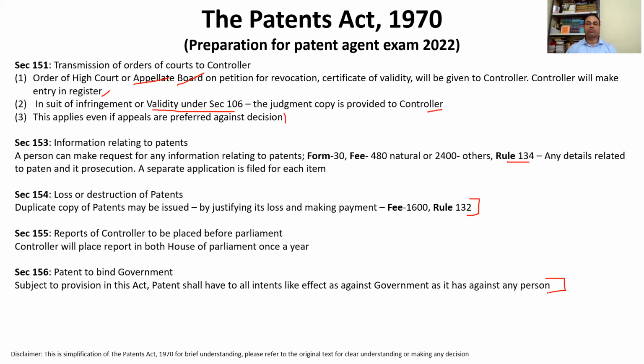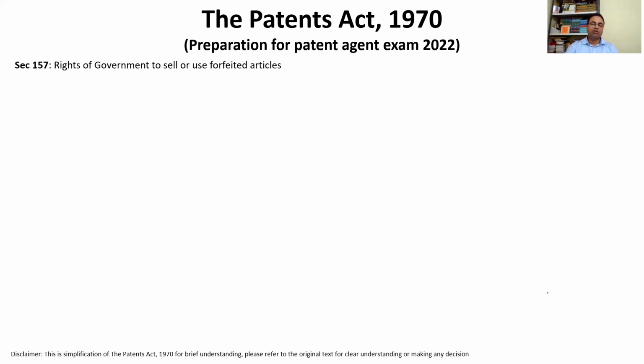Apart from those sections, patents bind the government also. Section 157, rights of government to sell or use forfeited articles. If the government has forfeited articles under any law for the time being in force, it can sell or use them. So if they forfeit those articles, they can sell them.